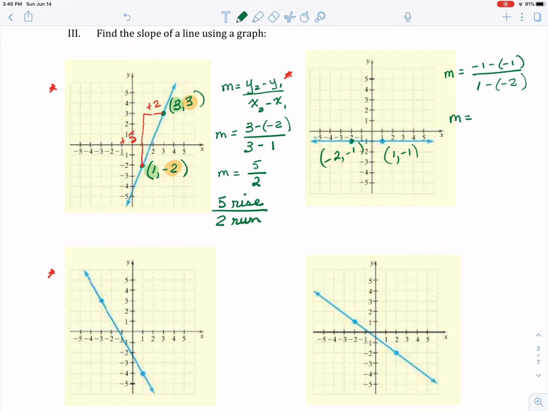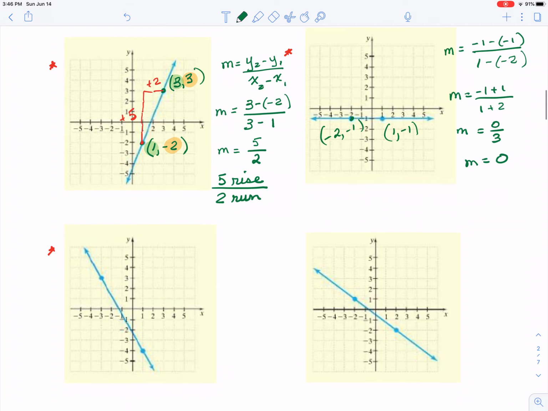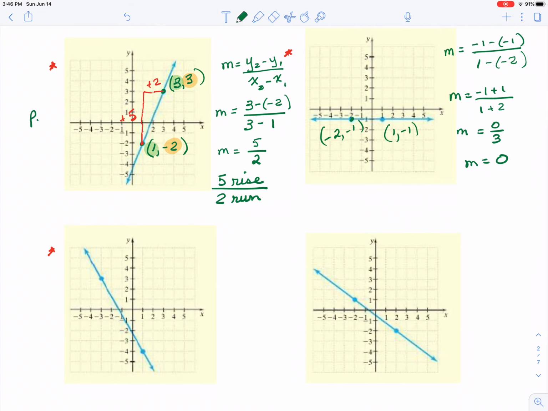So in the numerator, this is negative 1 plus 1, and this is positive 1 plus 2, which is 0 over 3, and remember we said when the 0 is in the numerator, that is equal to 0. So this particular line has a slope of 0. I think that probably makes sense since it's not rising or falling, it's flat. Notice that this one was a positive slope.